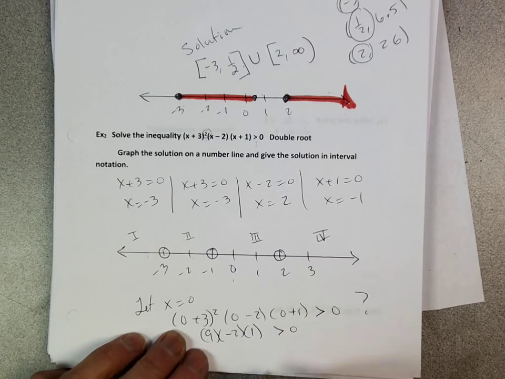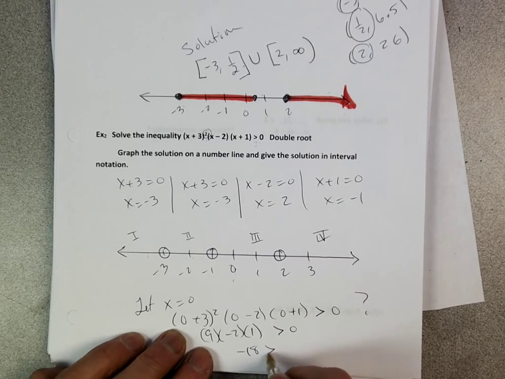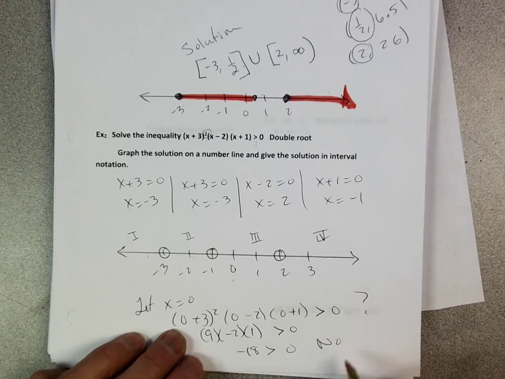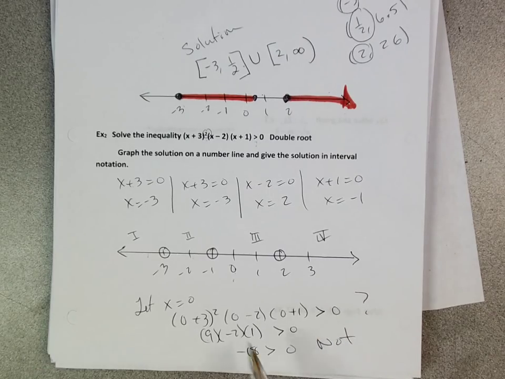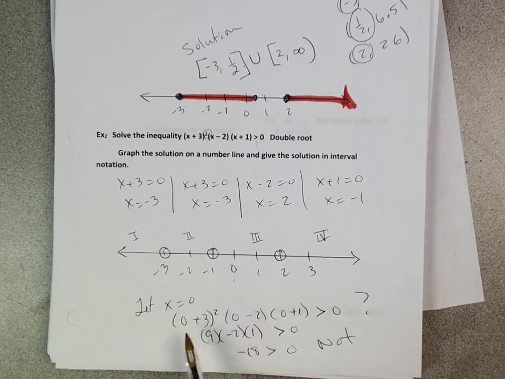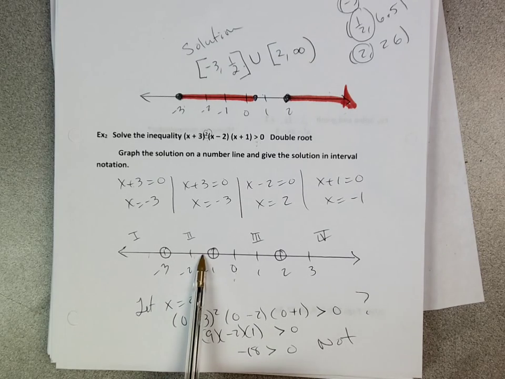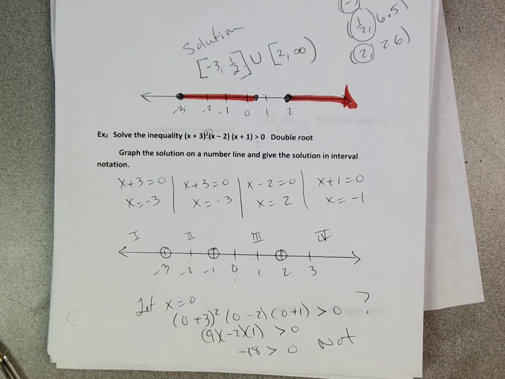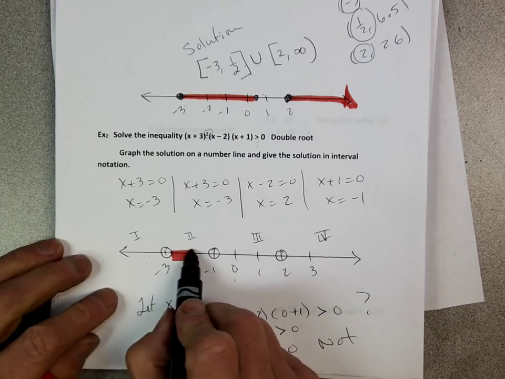Is that greater than 0? I get -18, which is not. It's not greater than 0. So that means I do not want to shade this region. Okay? So now we could test the next region, but what happens on these things is they really do shade every other region. So if it didn't work here, it probably will work here, okay?